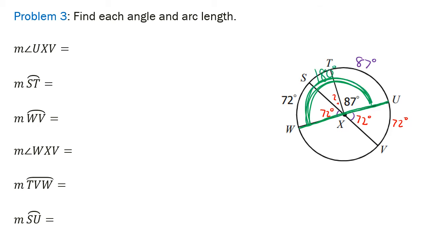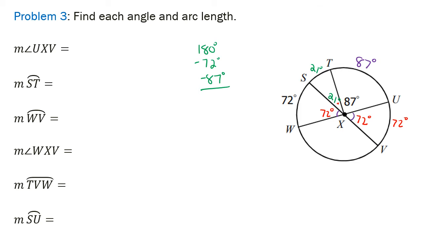So if the whole half circle is 180 degrees, and you know 2 out of the 3 angles that make up half the circle, you can find this one right here in the middle by going 180 degrees minus the 72 degrees minus the 87 degrees. You get 21 degrees. So this little angle right here in the middle is really 21 degrees. And therefore, its arc would also be 21 degrees.